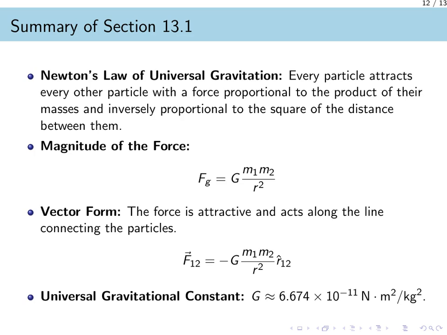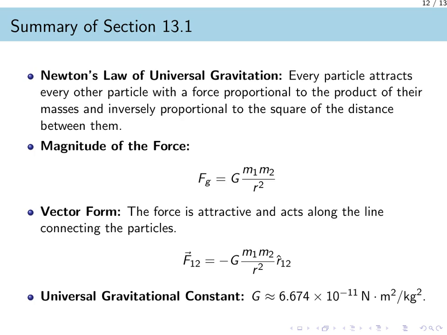To describe the force as a vector, we note that it is always attractive. The vector force F sub 12, which is the force on particle 2 from particle 1, is equal to negative G times m1 m2 over r squared, all multiplied by the unit vector r hat sub 12. The negative sign is important, as it indicates the force pulls particle 2 back toward particle 1.